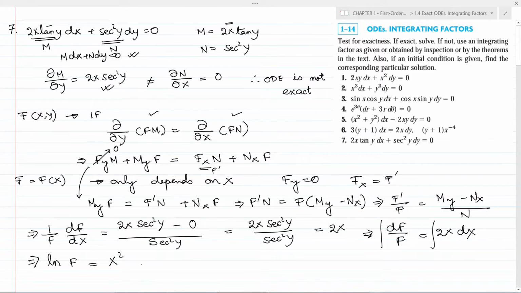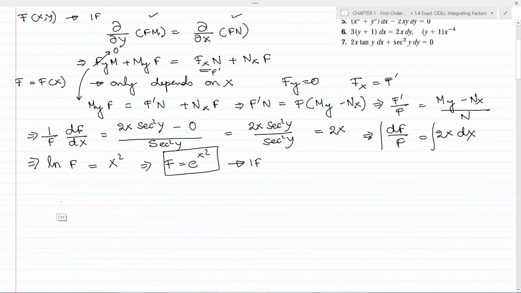We don't need to write the constant of integration for calculating integrating factors. So this implies f equal to e to the power x square, and this is the integrating factor for converting this equation into an exact differential equation.